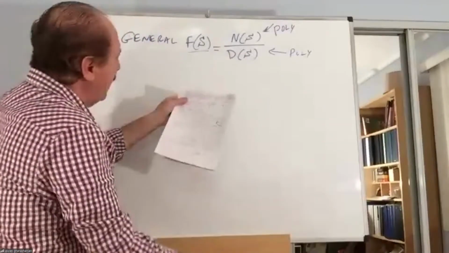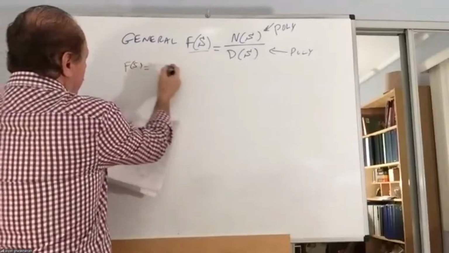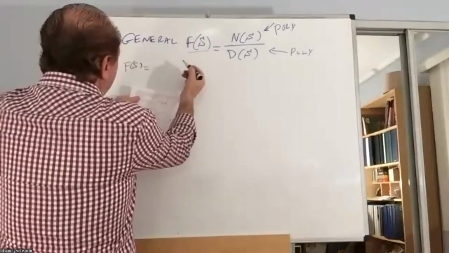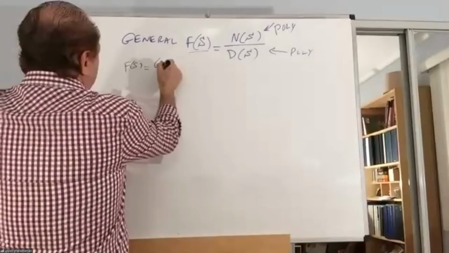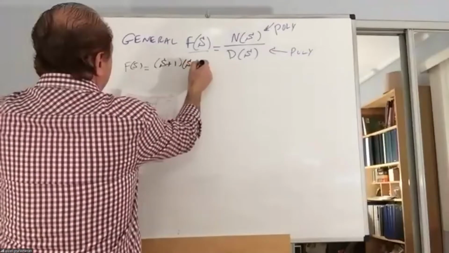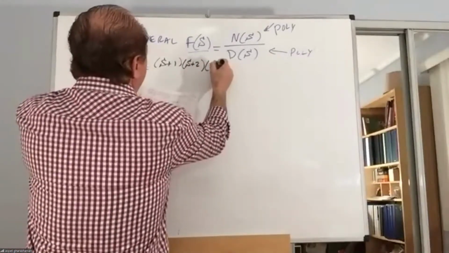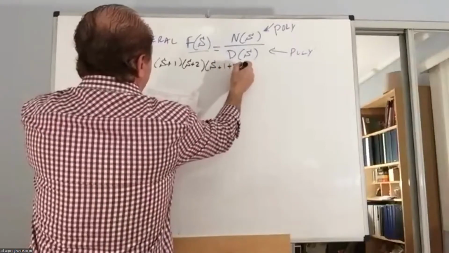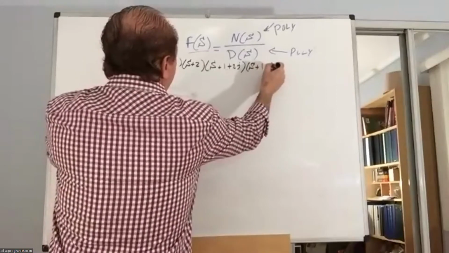Here, we have a function N(s) equal to (s plus 1), (s plus 2), then it has (s plus 1 plus 2j), (s plus 1 minus 2j).